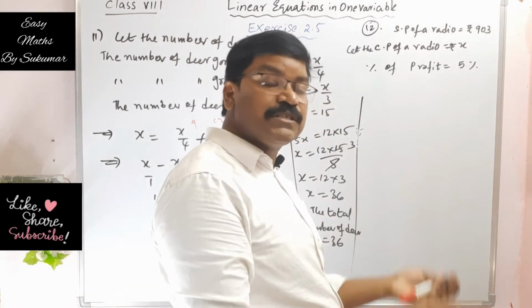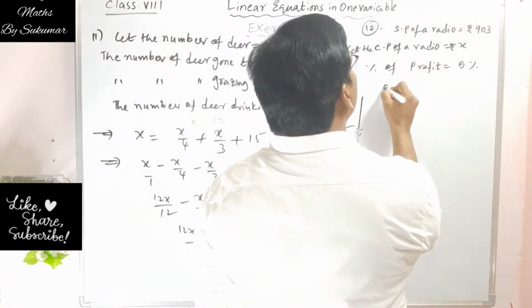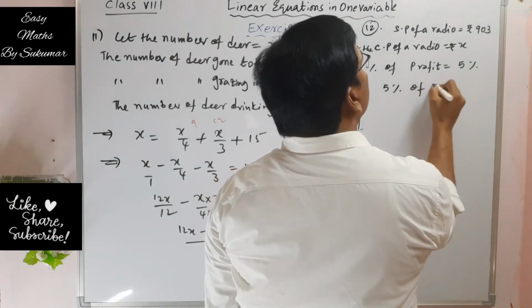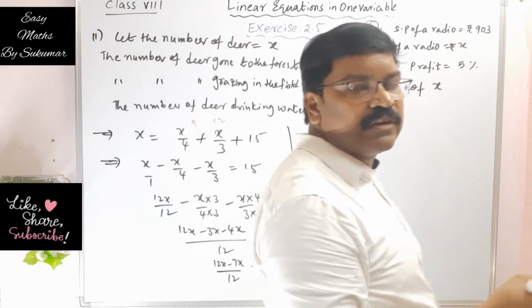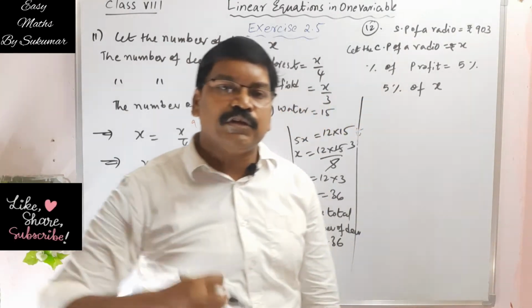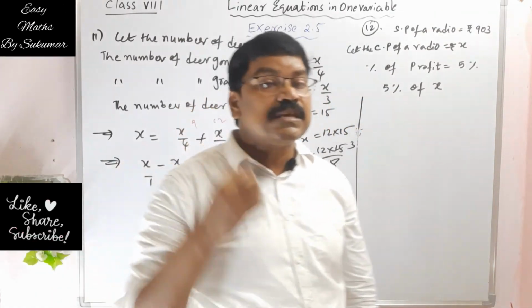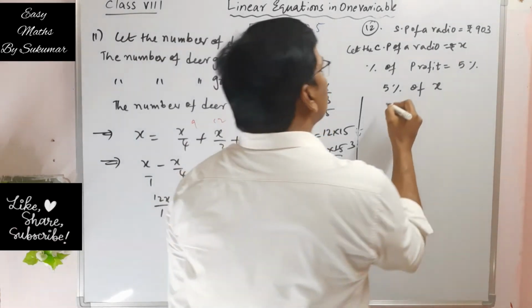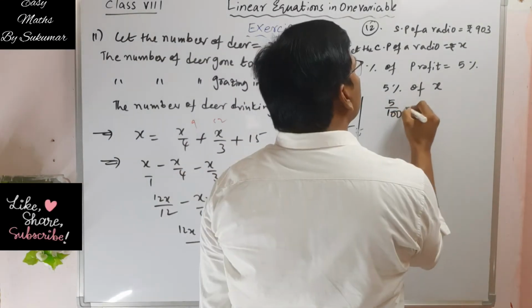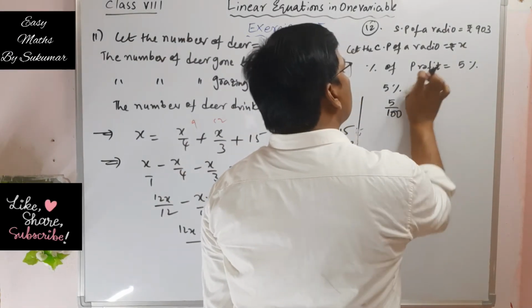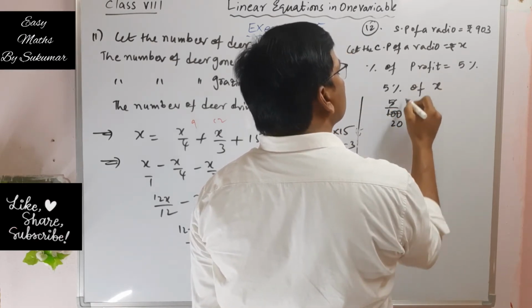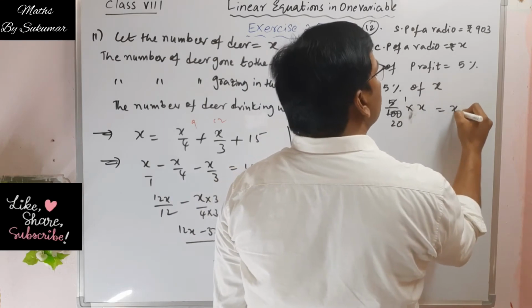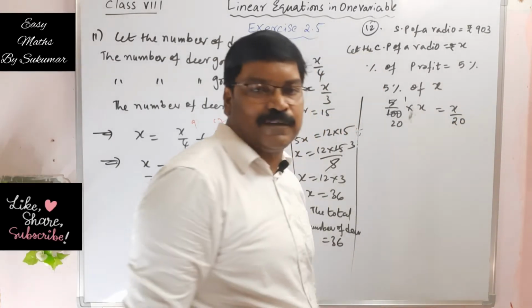He gets 5% profit, that means 5% of X rupees. X means cost price. The profit or the loss we should calculate only on the CP, that means cost price. So that means 5 by 100 into X. 5 in 100, 20 times, so X by 20 rupees is the profit.